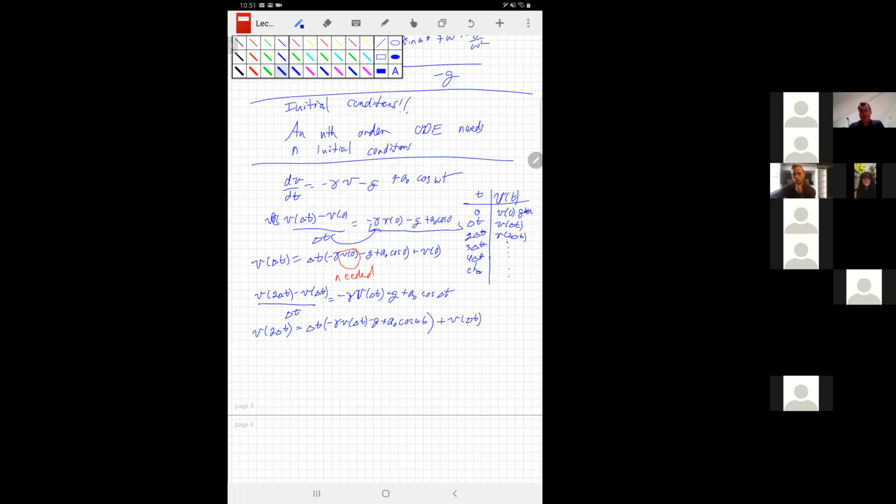If we had a second order equation, we'd be writing out second derivatives. We would need v of 0 and dv/dt at t equals 0. If we had a third order equation, we would need 3 initial conditions, and so forth. Any questions?